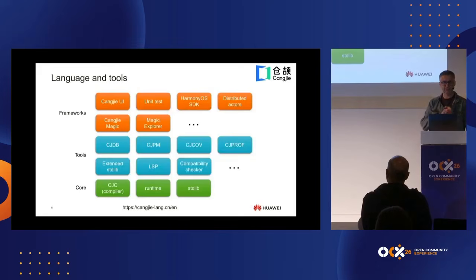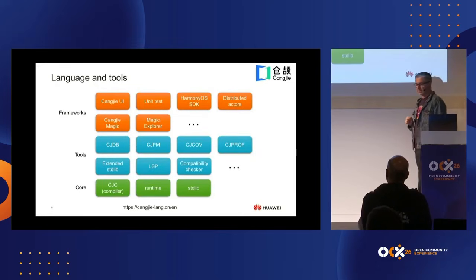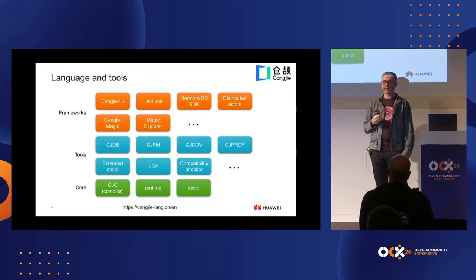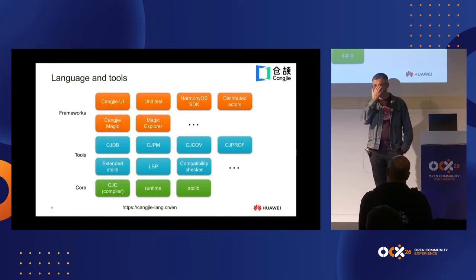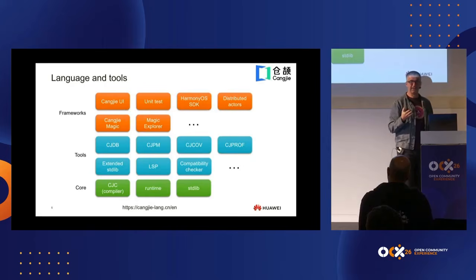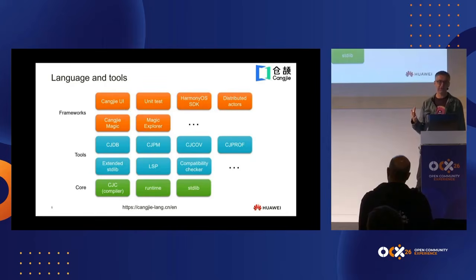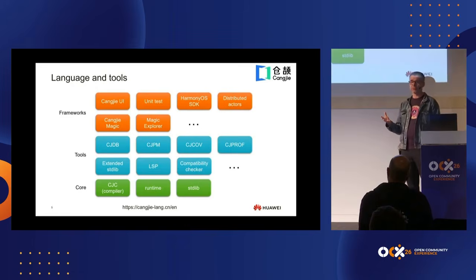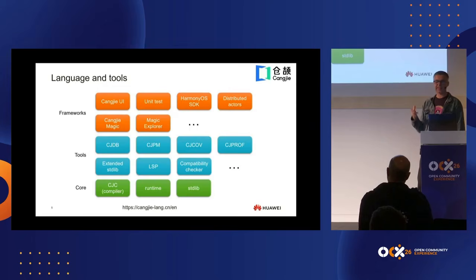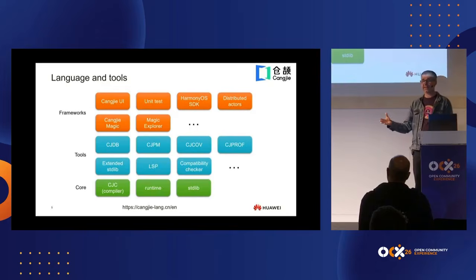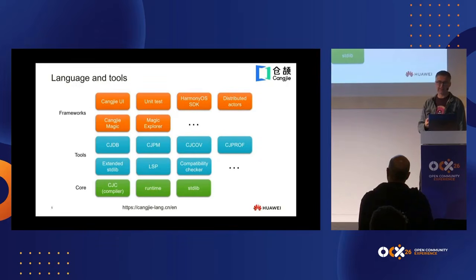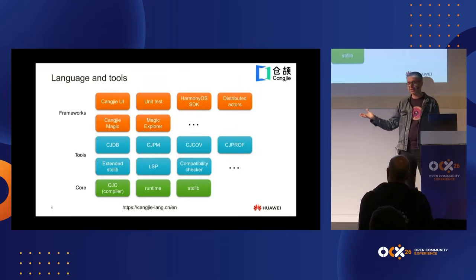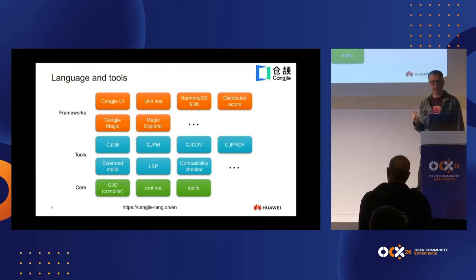As I said, there's a lot of work in developing a programming language, because a programming language is not just the compiler. You have to develop frameworks to be able to produce apps, like UI frameworks and testing frameworks. You need language SDKs and APIs for interfacing with the operating system, and HarmonyOS has tens of thousands of functions in its API, so all that has to be supported.